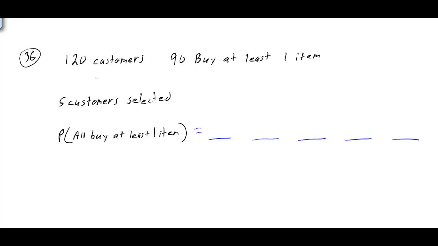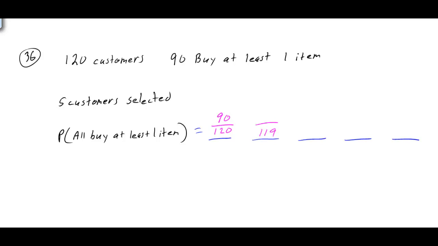Well, there's a total of 120 customers. And 90 will buy at least one item, so that would be a chance of 90 out of 120. So after we select that person, that means now there's only 119 customers left.